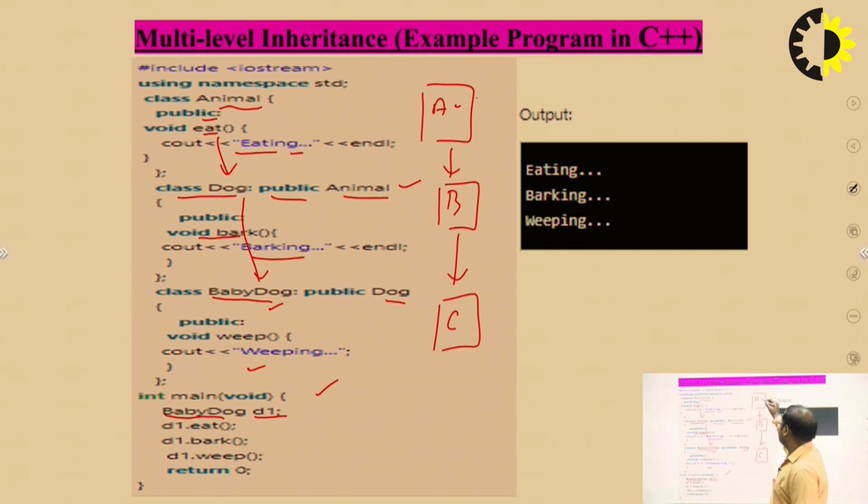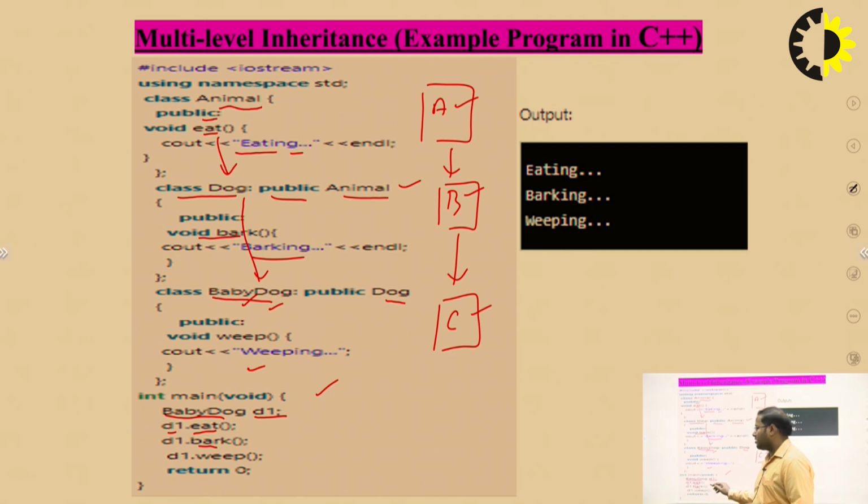Here animal is the A, grandpa, dog is like a B, that is the parent class, and baby dog is like a child class, son class, that is represented by C. So after creating an object with the name d1 of the derived class baby dog, we are calling the function eat of the grandpa class, and also I am accessing the bark method which is present in the dog class, the parent class of the baby dog class.